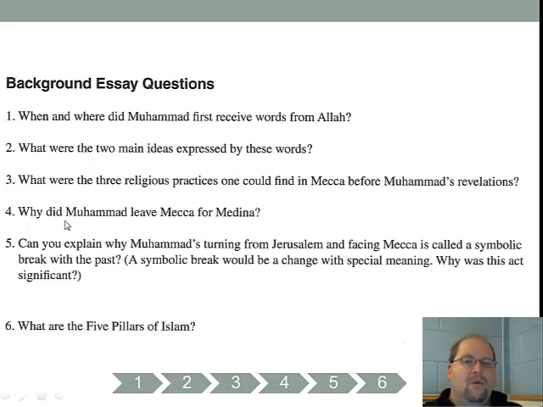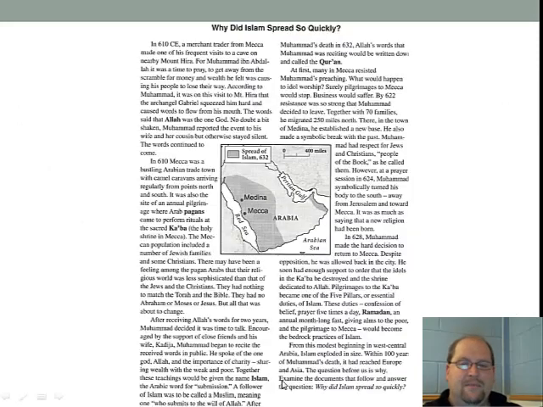Number 4. Why did Muhammad leave Mecca for Medina? So over here, we found that on the second column on the right side, this is shortly after he had started preaching his message to the people.